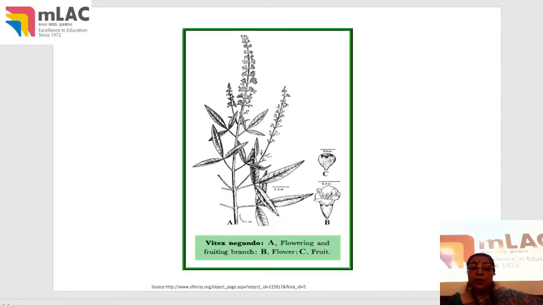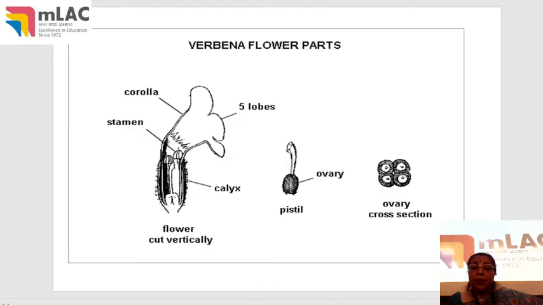Now this is the picture or image of Vitex negundo, which is a medicinally very important plant. Moving to Verbena, which is again another genus of the same family, and also shows the same conditions where the floral parts can be seen.